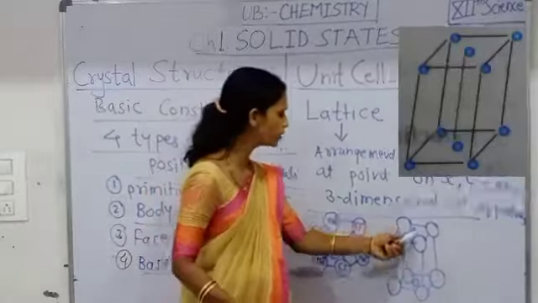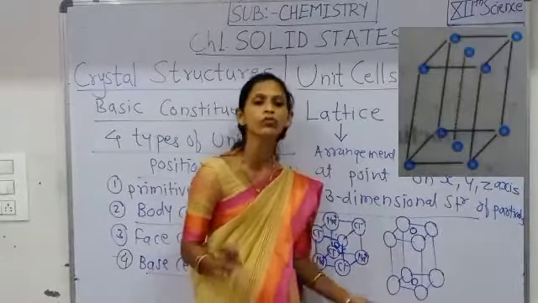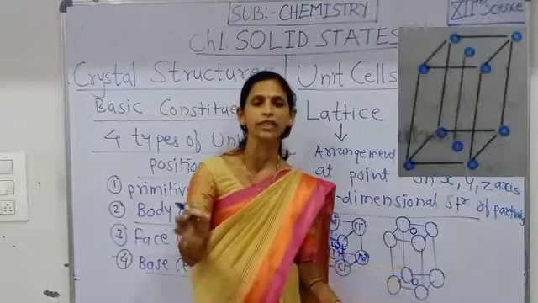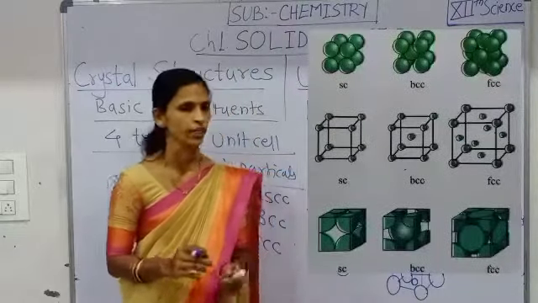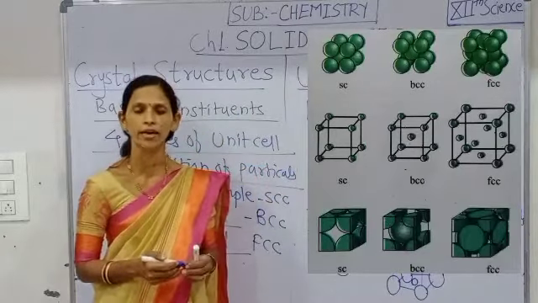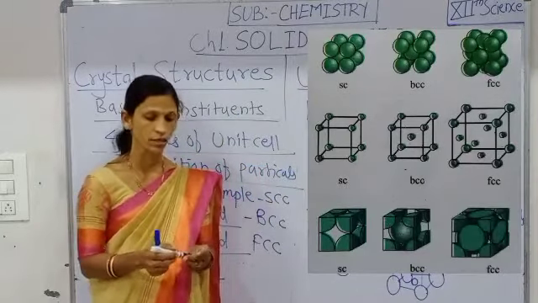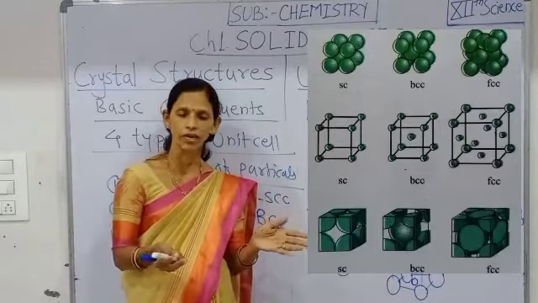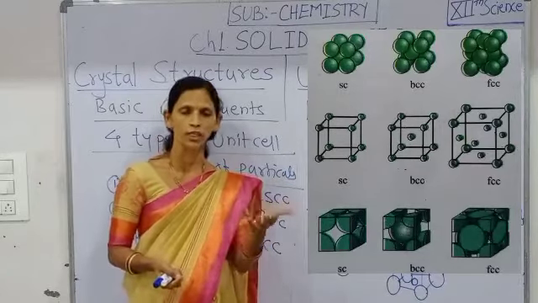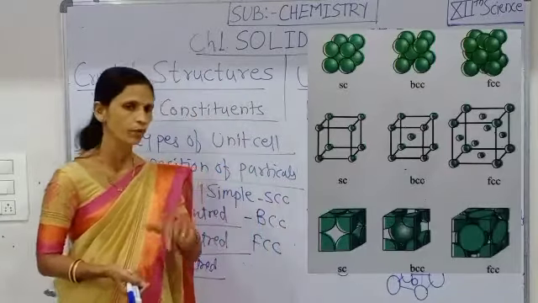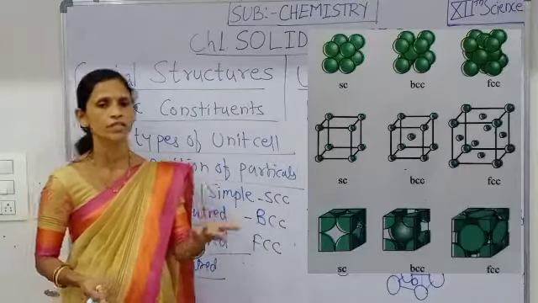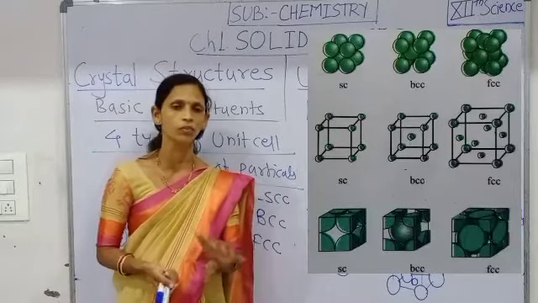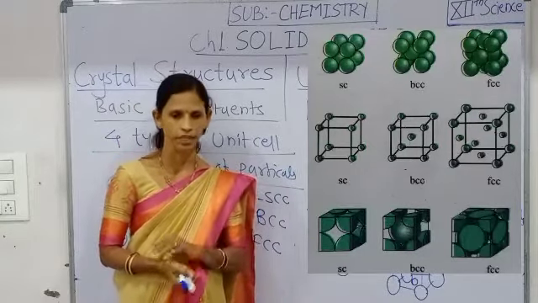That means those are present on only 2 faces, along with the particles present at each corner of that unit cell. Then see here in this diagram, observe the figures given and classify those unit cells into simple or primitive, face centered, body centered, or base centered unit cells.